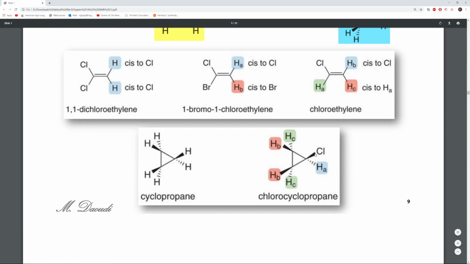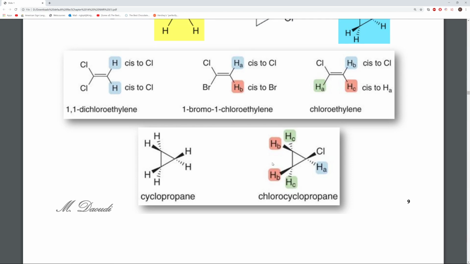Okay? And then we're looking at chlorocyclopropane or any cyclopropane. We have to count hydrogens here. If we look at the one on the right, all of those hydrogens are equivalent because all of the carbons that they're attached to are in similar environments, so all of the H's are in the same environment.